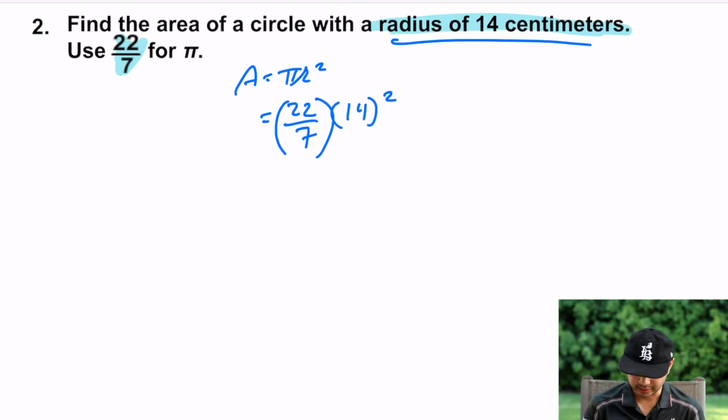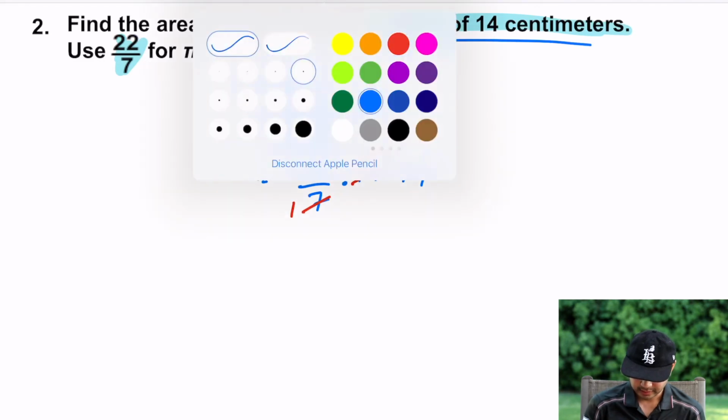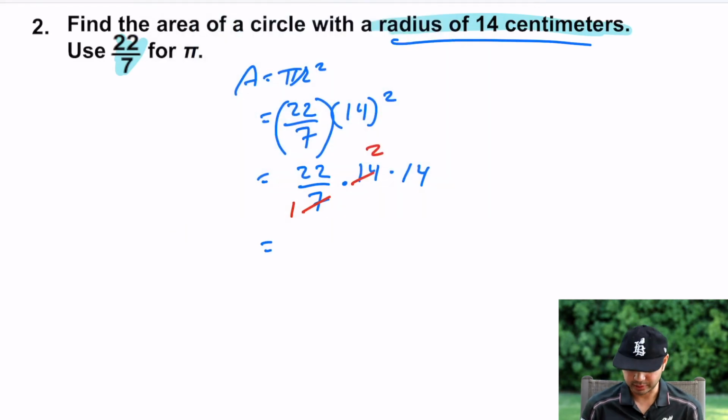Right now I can't cross cancel because I have to do the exponents first. But what if I did 22/7 times 14 times 14? Because that's the same thing as 14 squared, right? So now there are no exponents. I can cross cancel this 7 and this 14. This is 1 and 2. And then I can just multiply across. I have a denominator of 1, so I just go 22 times 2 times 14. And that's 616 centimeters squared.